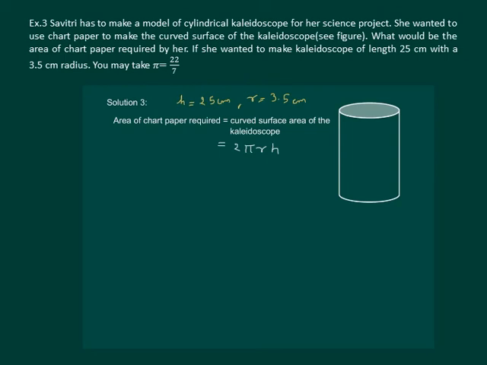Let us substitute the values. 2 into 22 by 7, as the value of pi is given in the question to be 22 by 7, into 3.5 into 25 centimeter square. On solving, we get 550 centimeter square. That means the area of the chart paper required is 550 centimeter square.